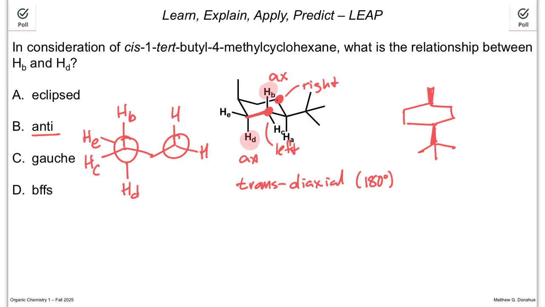So then we have the third substituent, that's going up to the methyl group. And then everything else, the H is on the other side.